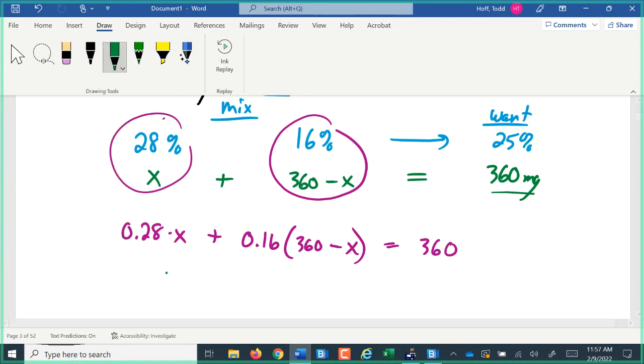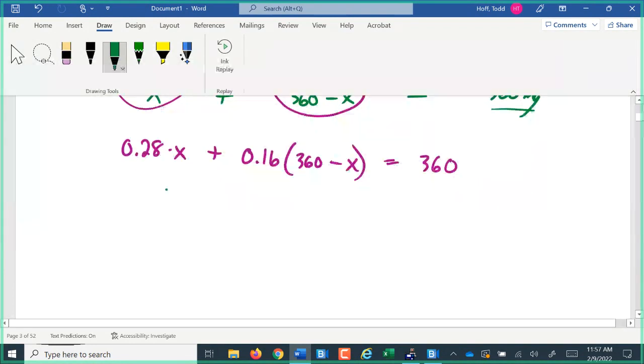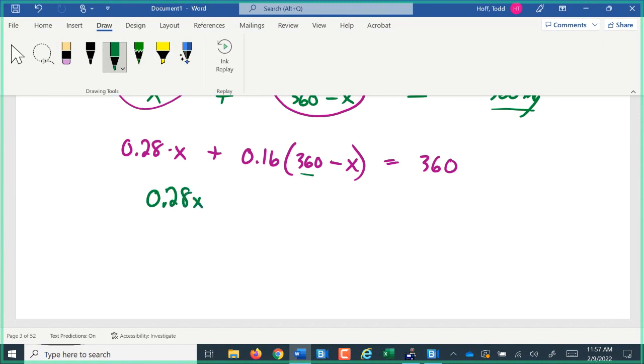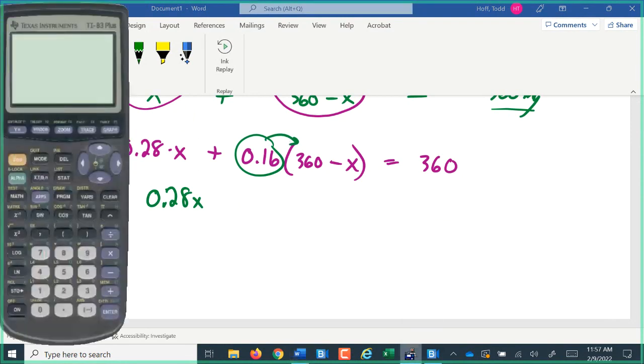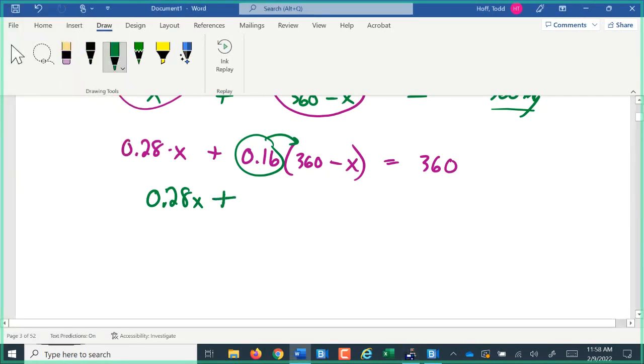So we start on the left, combining what we can combine. Well, the 0.28x is just going to be 0.28x. Parentheses, there's nothing to do inside the parentheses, so we'll distribute the 0.16. 0.16 times 360 is a positive 57.6.